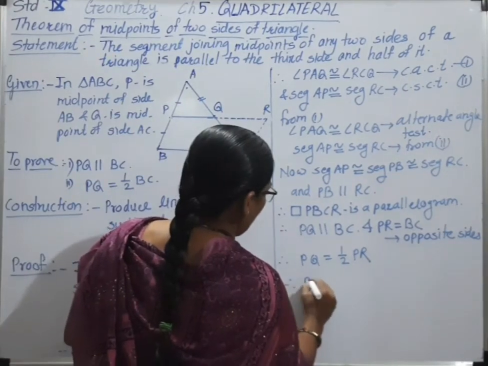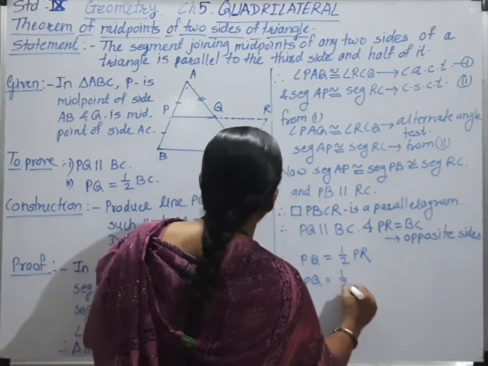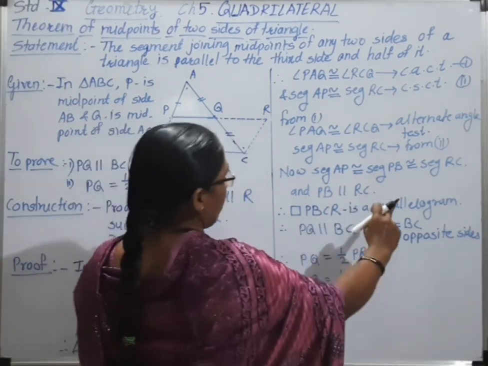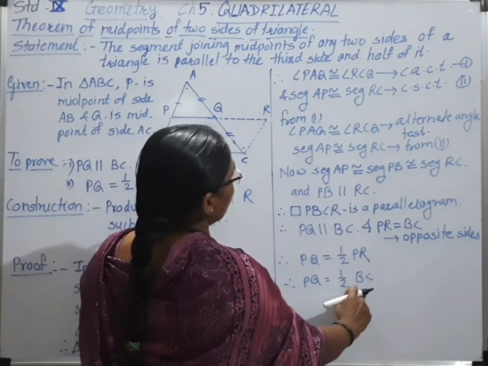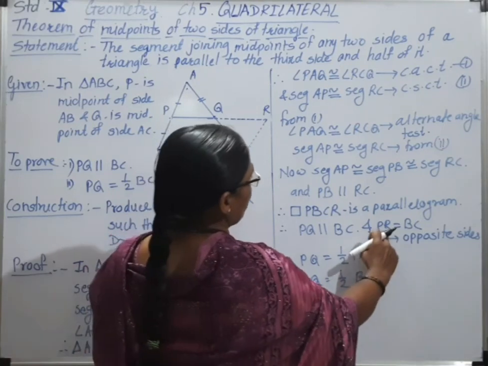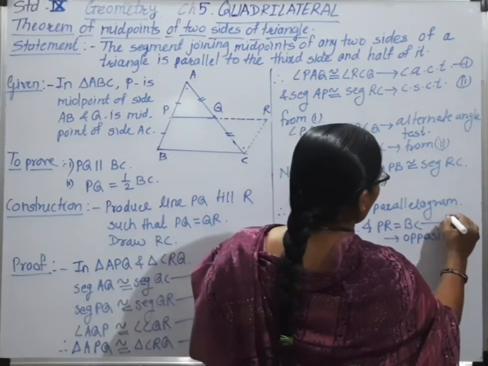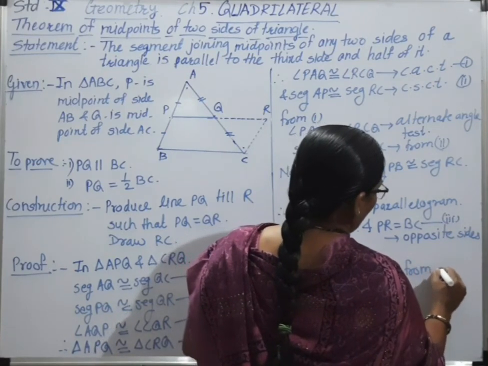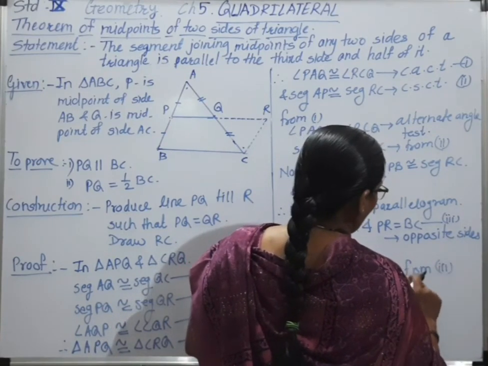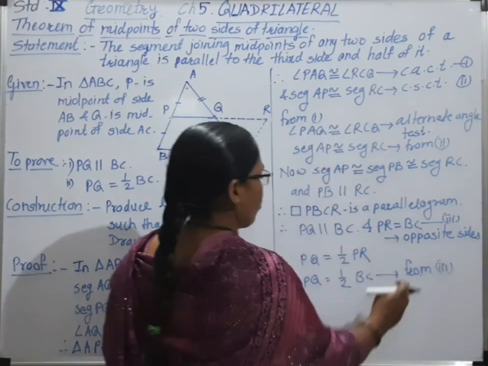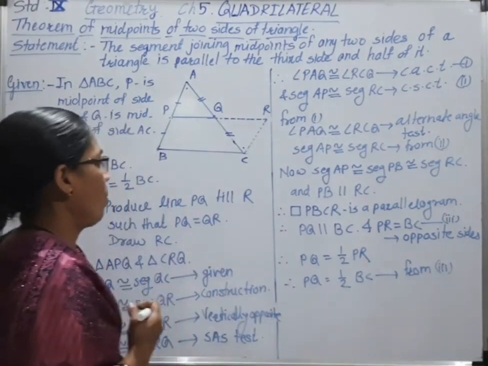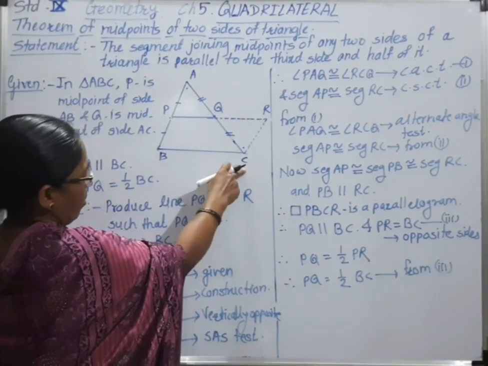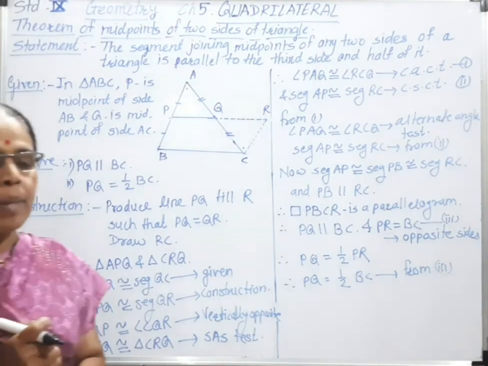Therefore PQ is half of BC because here we showed that PR is equal to BC. Here I will write 1, 2, 3. So from 3, because PR and BC both are equal, which are the opposite sides of parallelogram.